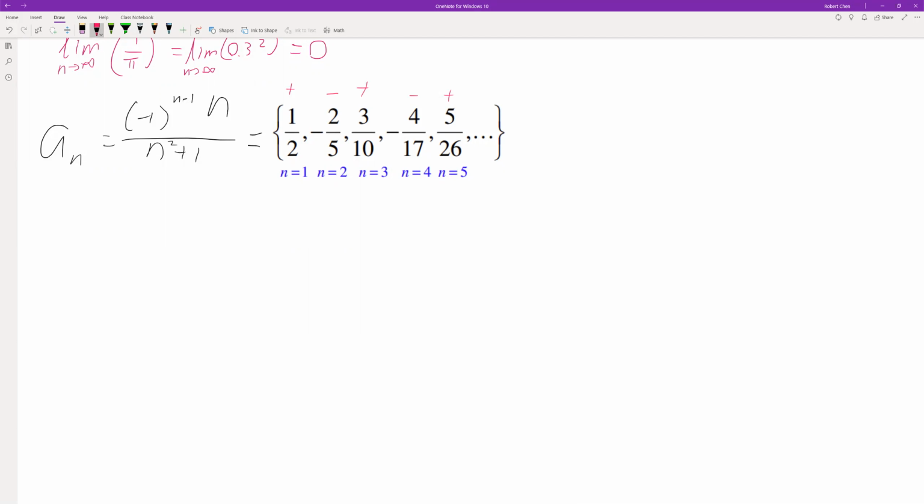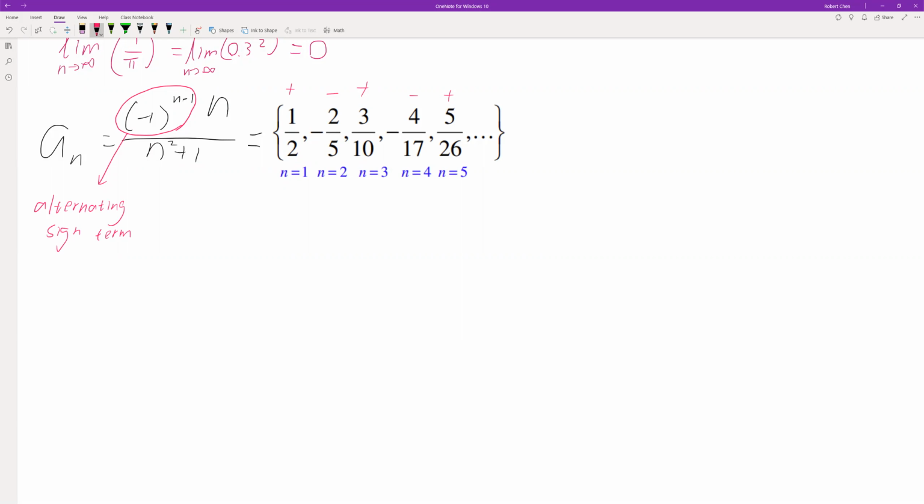And the reason for this is because of this term right here, (-1) to the power of n minus 1. What this term does is it alternates the sign. All right, so when n is 1, that's positive. When n is 2, that's negative.